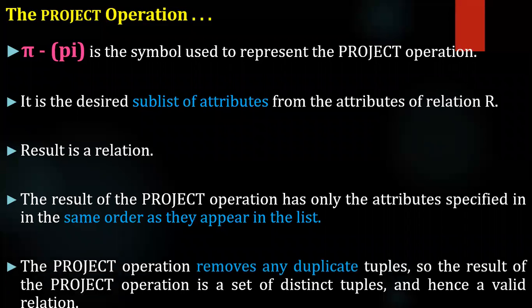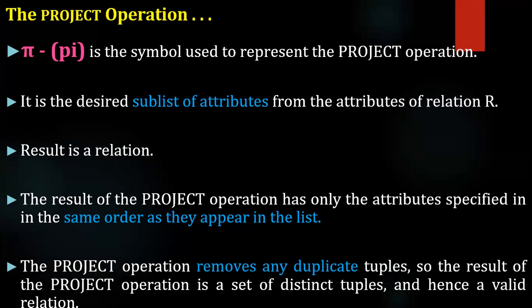And here the project operation will remove any duplicate tuples if present. For example, if I want to select name from the student table, only the name column, and the name column contains duplicate names like Ravi, available some 4 times, and then the next names are Anam, Wafa, Raju.